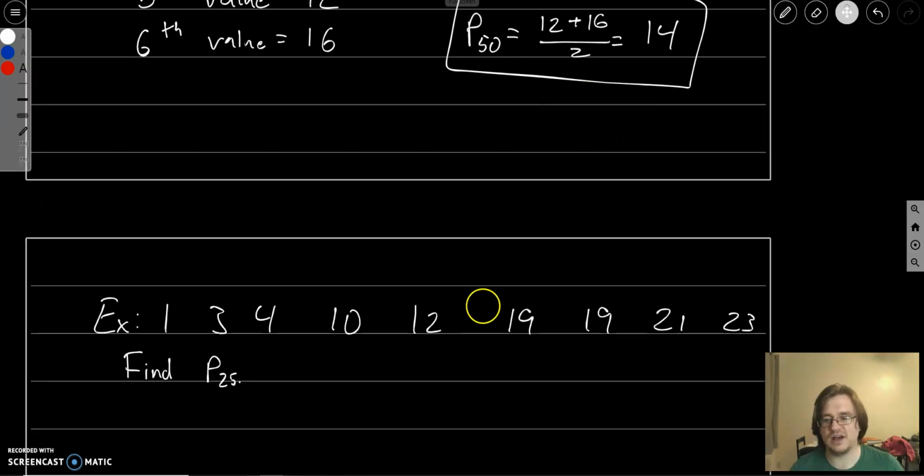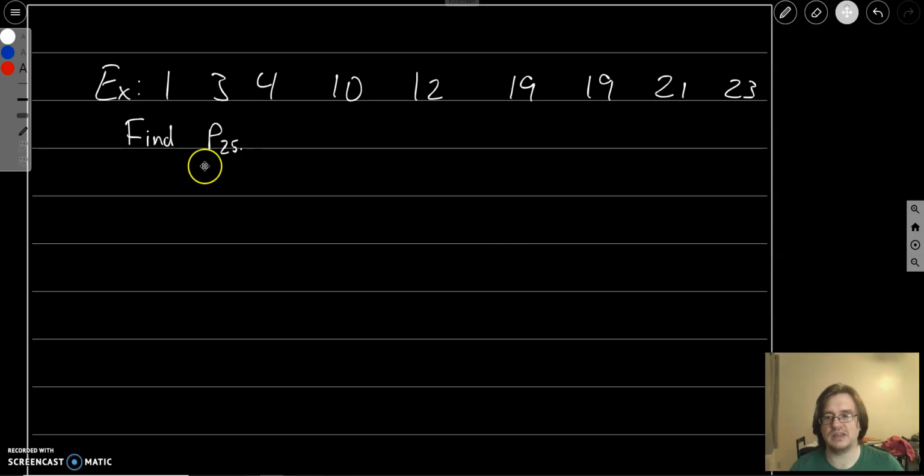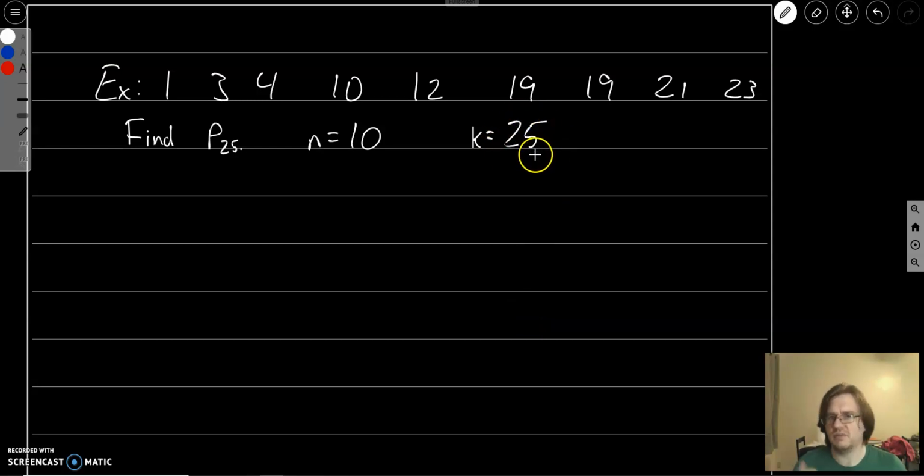So let's do this for P25. Again, n here, we have 10 data values. K, we're looking for 25. So this means that we're looking for the 25th percentile. So we're looking for the number that's greater than 25% of the data. But how much is 25% of 10?